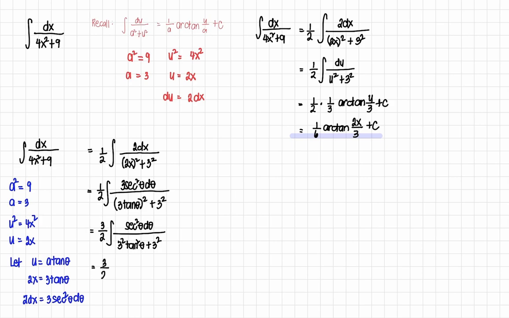So we have 3/2 integral of secant squared theta d theta over 3 squared times, what remains inside is tangent squared theta plus 1. Now we have 3 and we have 3 squared here, so we can cancel out one 3.